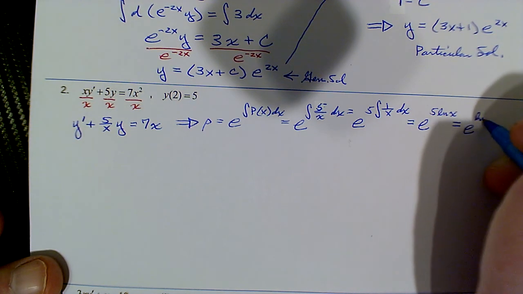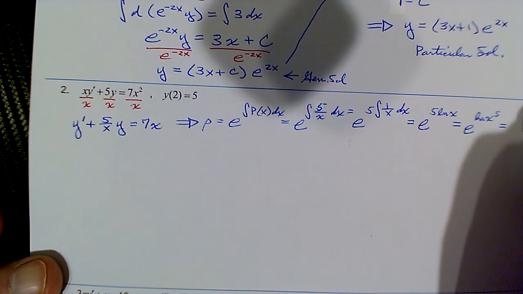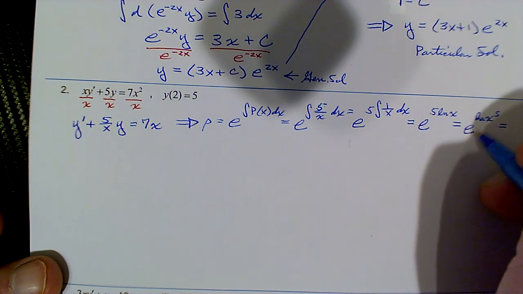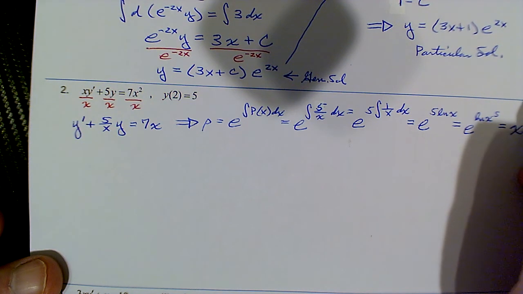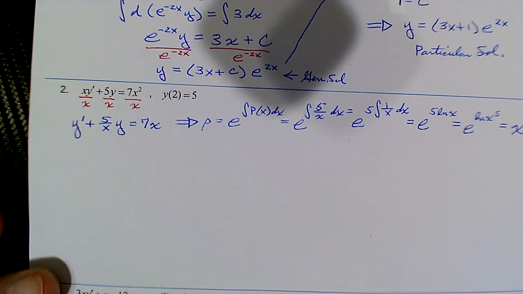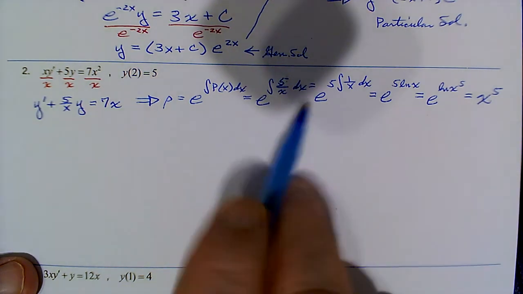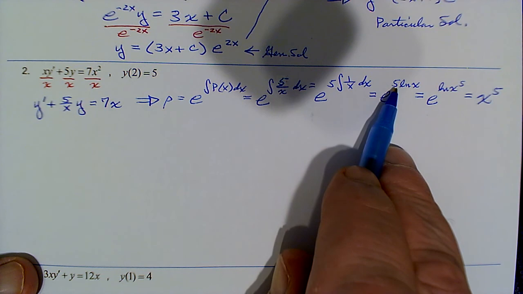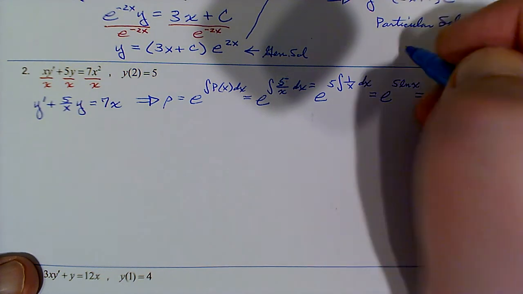So e to the natural log of x to the 5th. And then use our inverse property that e to the natural log of something is that something. So we get x to the 5th for our integrating factor.